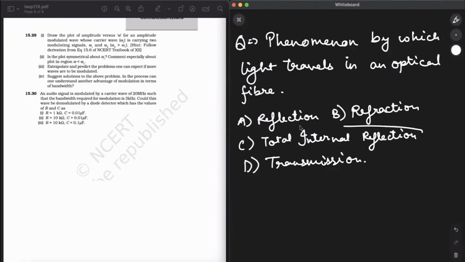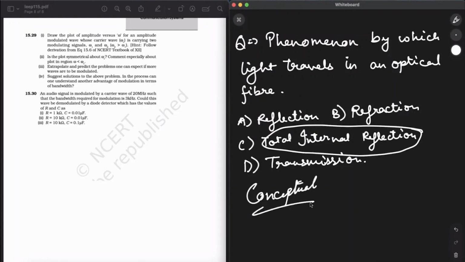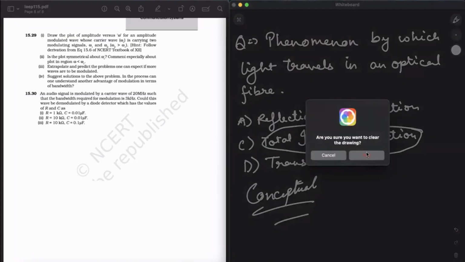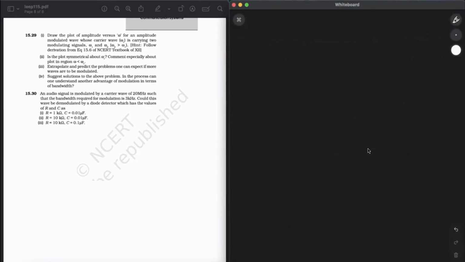So the correct option is total internal reflection. Okay, a conceptual question, but a good question. Conceptual, important. There are not many solving questions over here. Basically, most of them are conceptual questions.